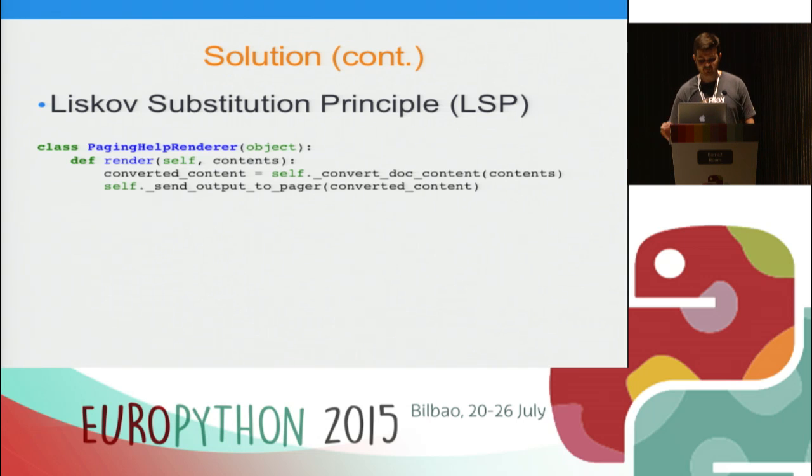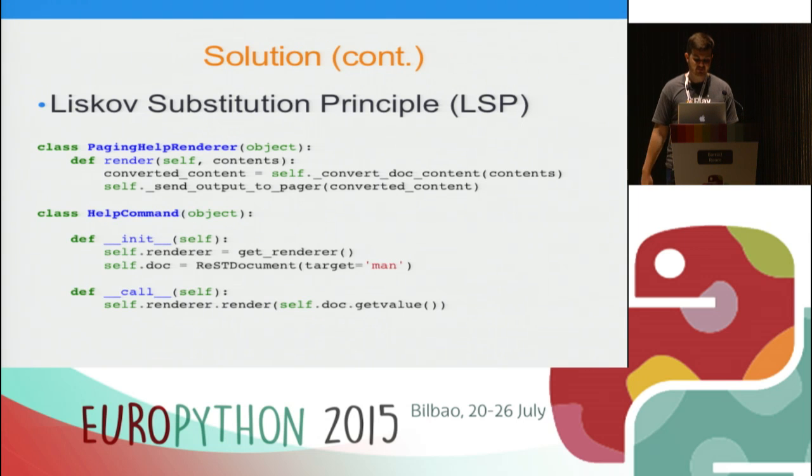For example, the parent class of the Windows help renderer and the POSIX help renderer has only one public method, which is a render method. The render method hides all the differences in functionality between Windows and non-Windows machines, and it'll just pipe the generated output to the appropriate pager.